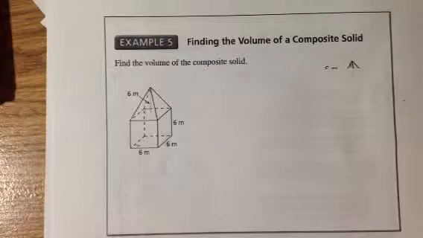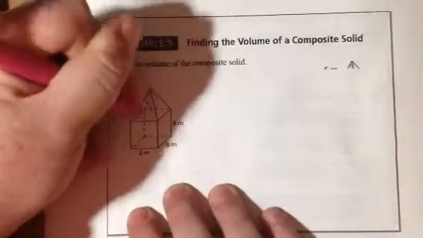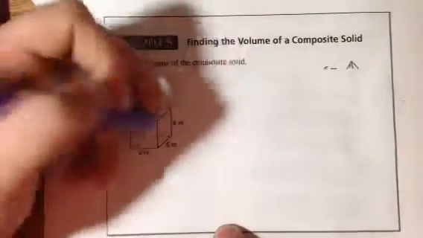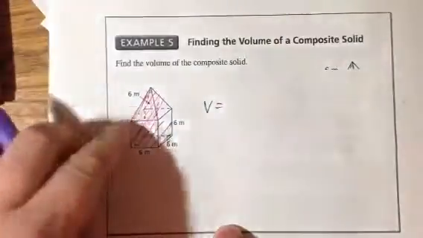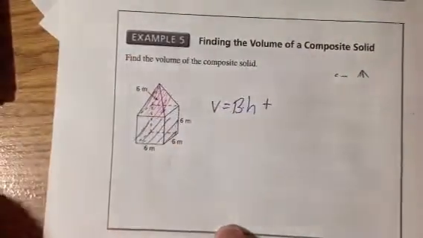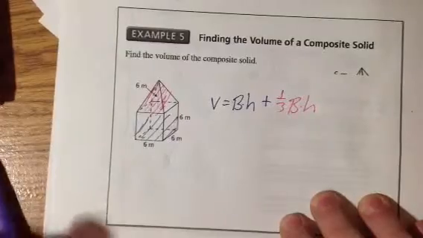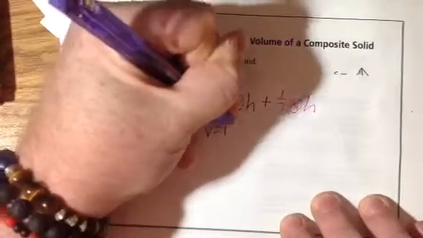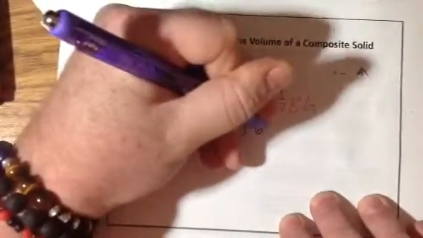Alright, find the volume of a composite solid. If you want to color code this, that might be a good idea. Do the top solid in pink and the bottom solid in purple. So the volume formula for the cube is the area of the base times the height. And we need to add that to the volume of the pyramid, which is 1 over 3 area of the base times the height. So V equals area of the base, so 6 squared times 6 for the height.